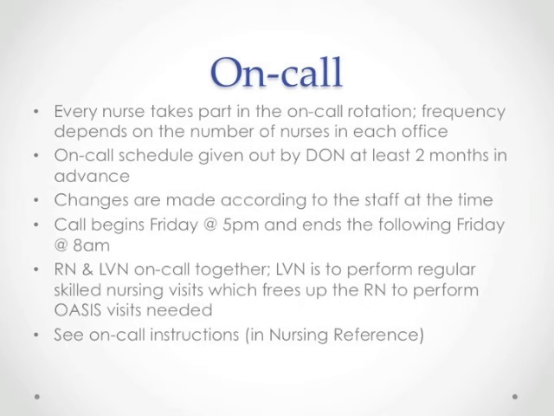So if you have 5 RNs in the field and you are a case manager, then you may be put into that rotation and end up with call every 6 weeks. Your director of nursing should try to make that on-call list out at least 2 months in advance, but of course she would have to change it if there are any staff changes.